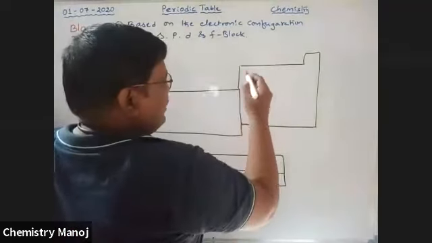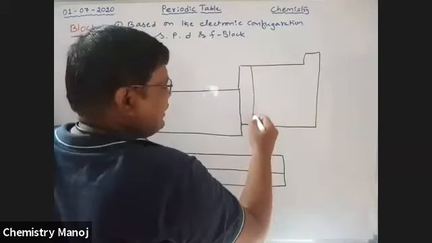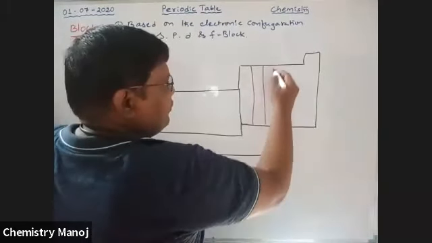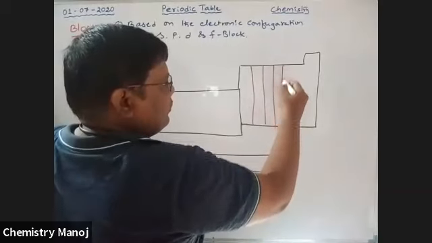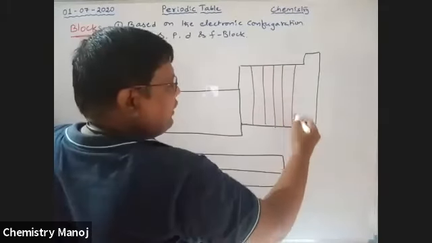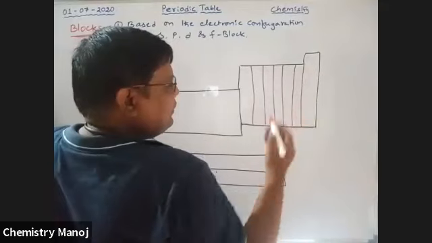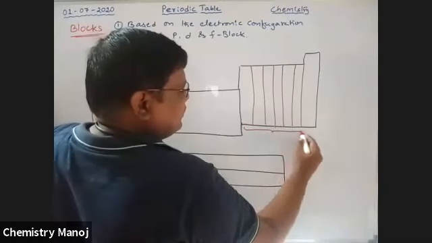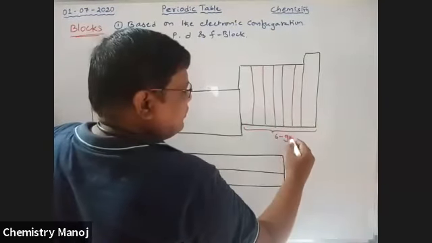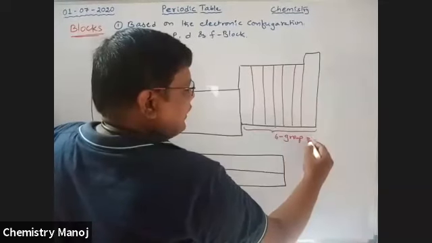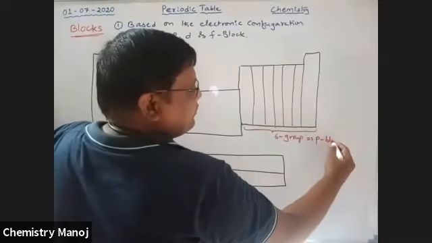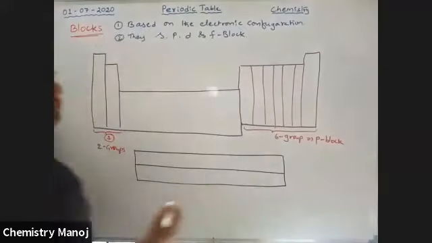Here 6 groups are present. These are the 6 groups, already completed yesterday. These 6 groups are considered as p block elements. Why? We will explain.